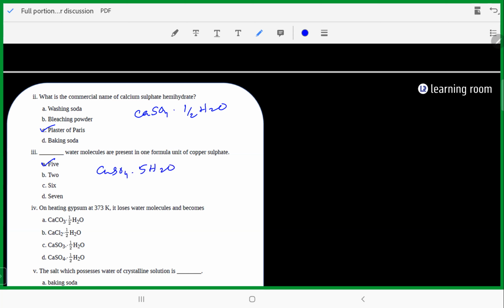And then the fourth one. On heating gypsum at 373 Kelvin, it loses water molecules and becomes CaSO4 half H2O.